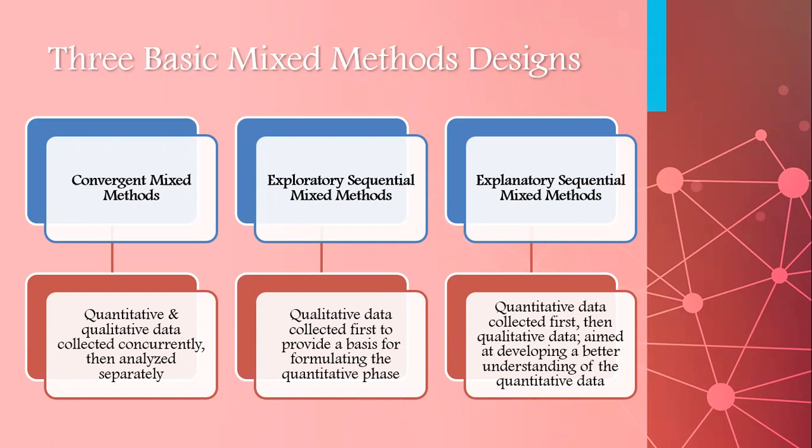And so the key word here is sequential, right? So meaning that one method is followed by another method. And then finally, explanatory sequential mixed methods designs is where quantitative data are collected first and then qualitative data. And the aim is to develop a better understanding of quantitative data.